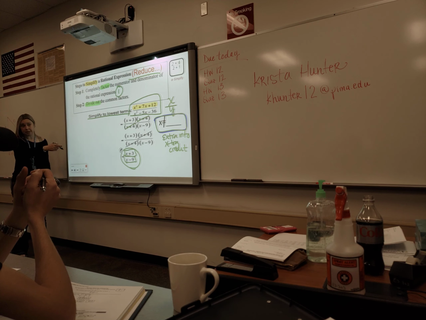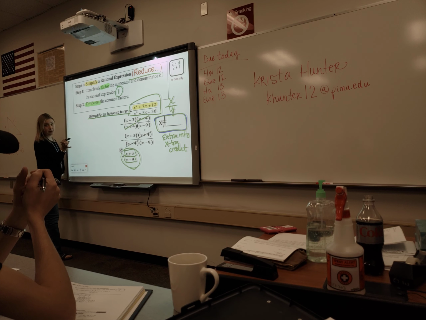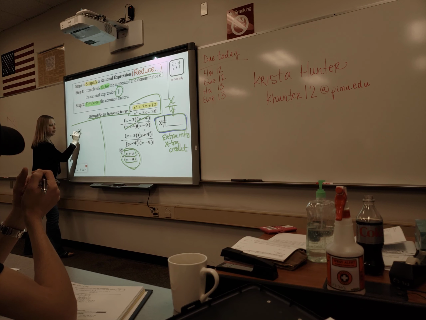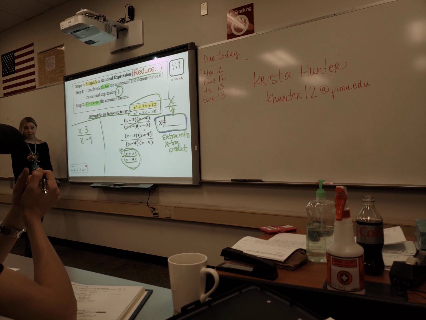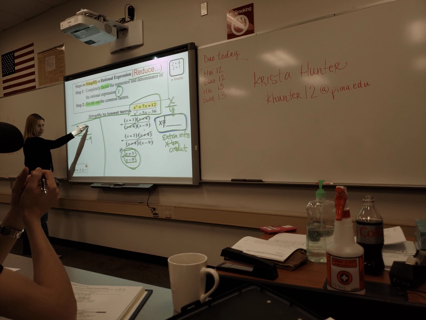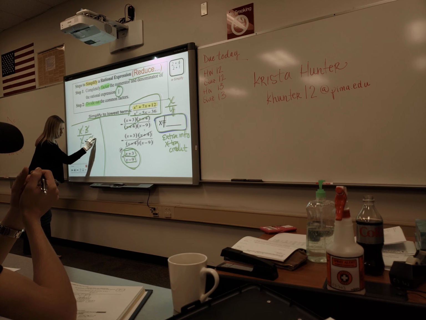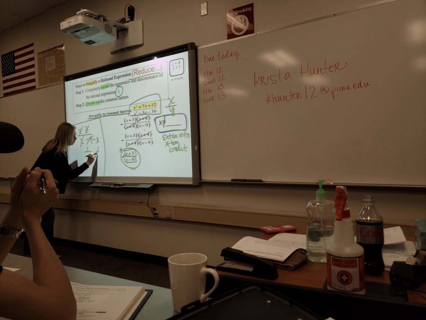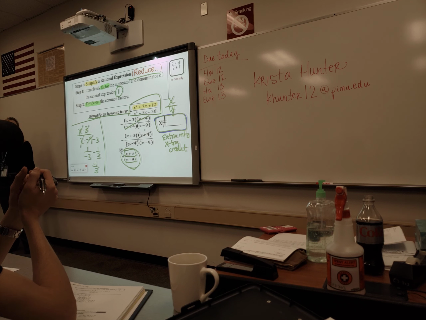If they were multiplied, like this guy down here, for a side example, like x times a negative 9, which they're not, but if they were, then you could say, great, those x's are going to go away, this goes away, this becomes a negative 3, and you'll have negative 1/3, all the same, okay?